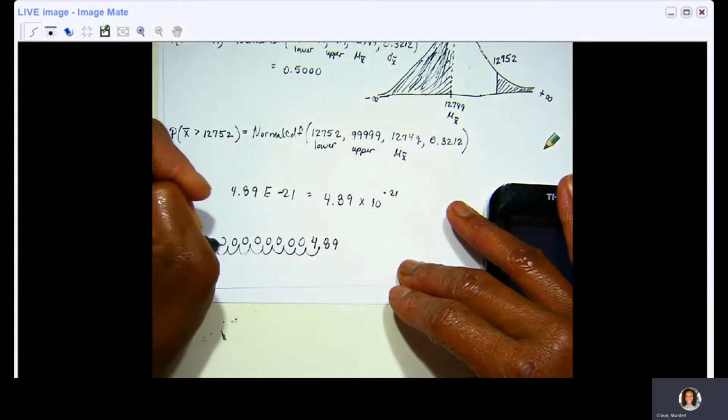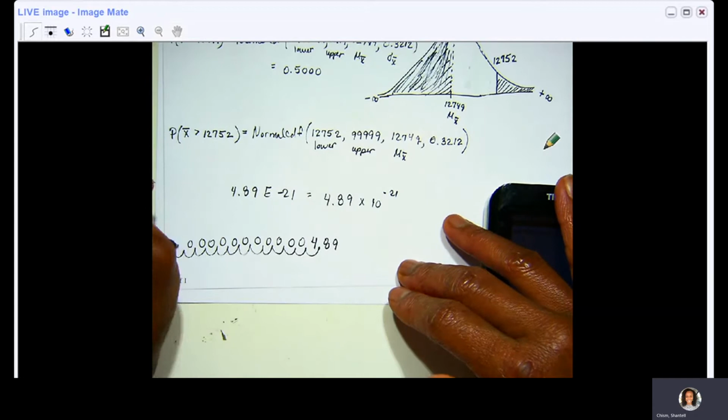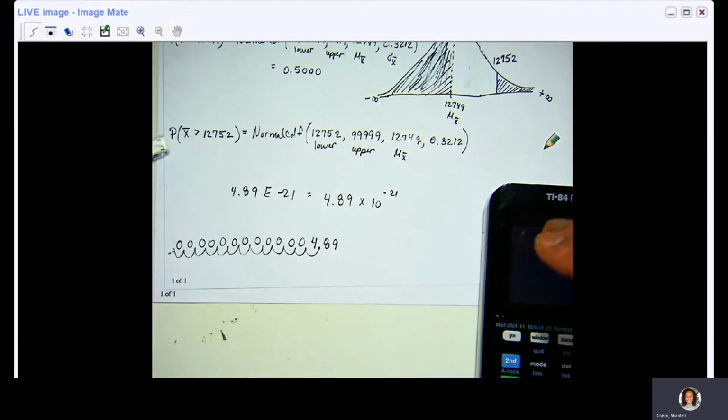So you can imagine this is a tiny, tiny, tiny probability, so close to zero that we technically would say it's just zero. With 21 zeros, that's just a zero probability.